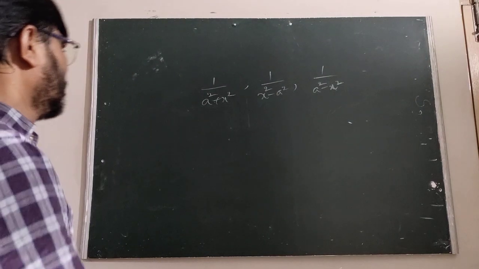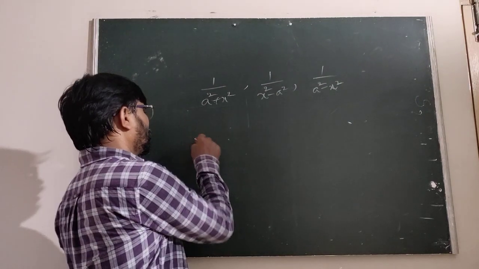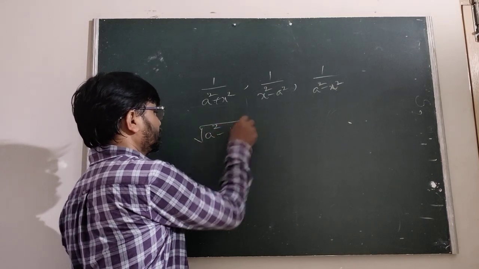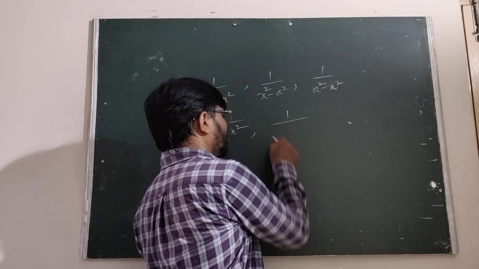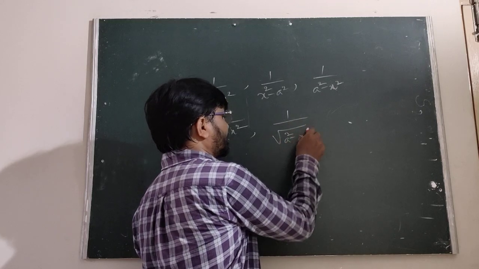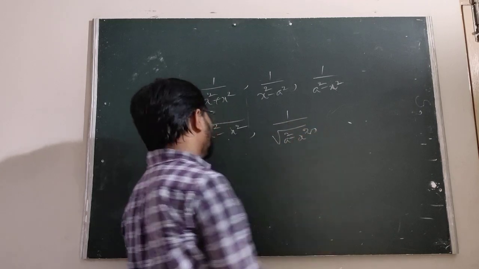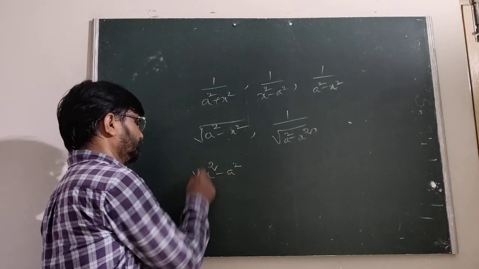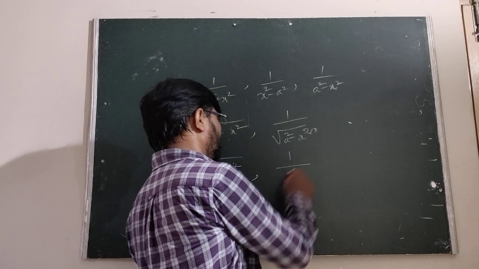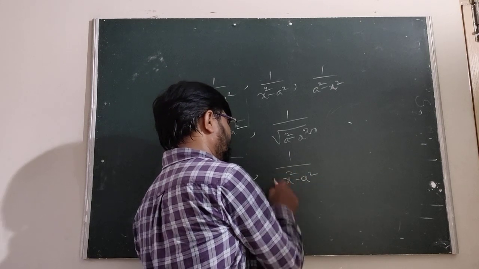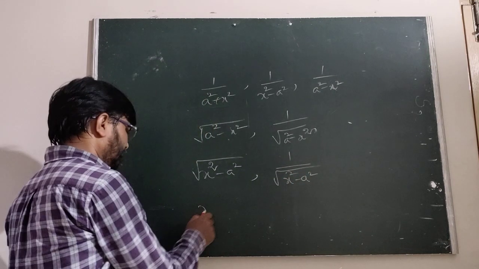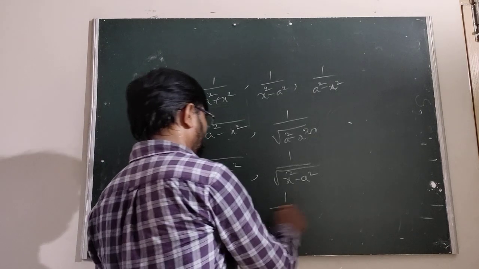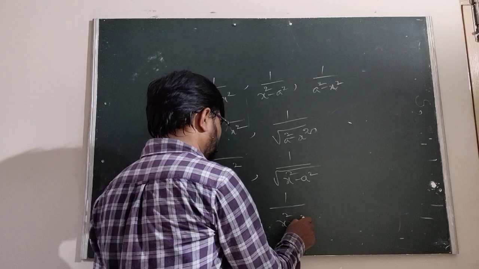And then the integral of root of a square minus x square and 1 by root of a square minus x square. After that, root of x square minus a square and 1 by root of x square minus a square, then root of x square plus a square and 1 by root of x square plus a square.